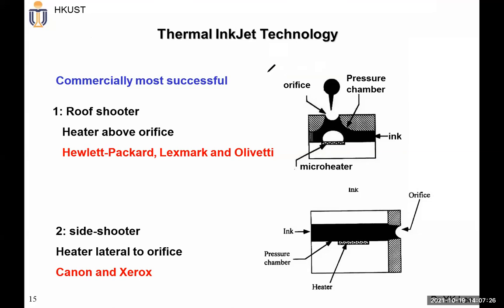So basically, of course, it can be complicated, right? Once you create this kind of phase change, this vapor bubble has some unique property. You have a large pressure increase, so this vapor pressure is much larger. So you can use it as a pump to push this kind of ink out of the nozzle.